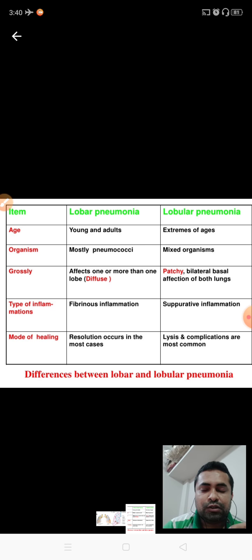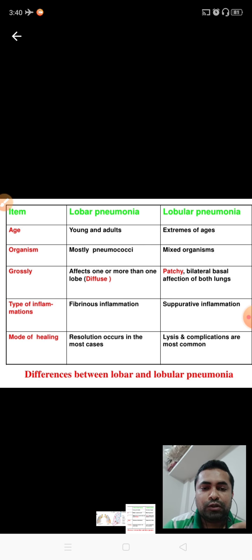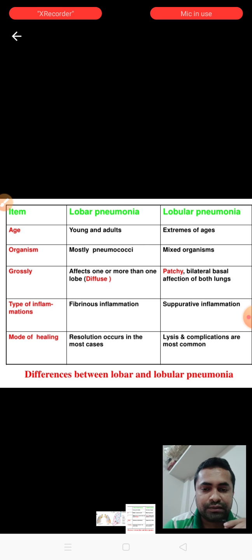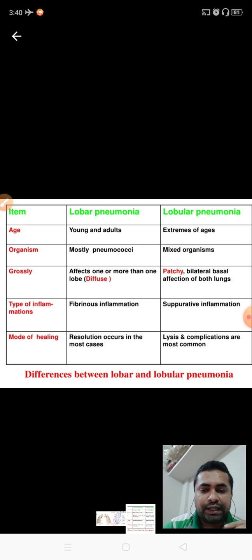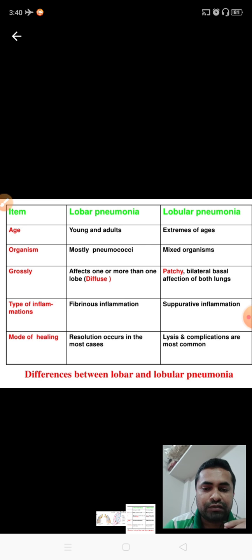Lobar pneumonia affects one or more than one lobe, and it is diffuse. That means the complete lobe will be seen as diseased. But in lobular pneumonia, you will see that some areas are normal and some areas are diseased. Then the type of inflammation. In lobar pneumonia, it is fibrinous inflammation, and in lobular pneumonia, it is suppurative inflammation.